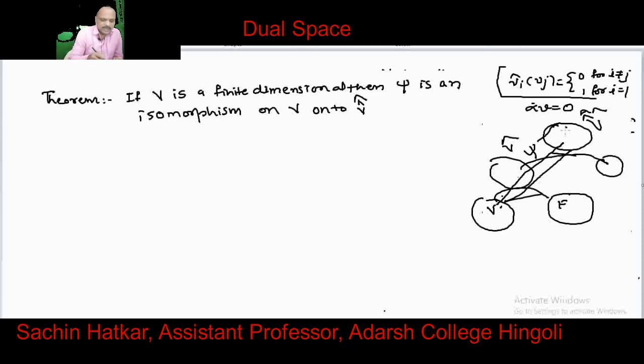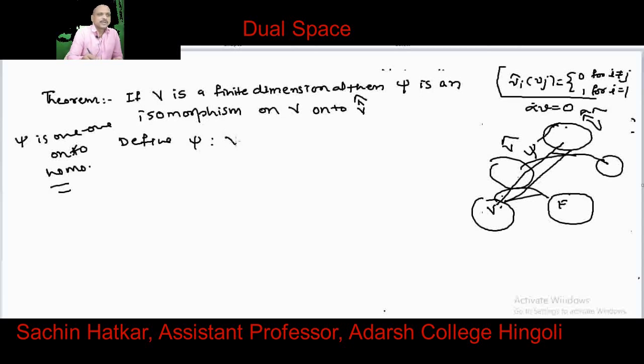Now let us define to prove that. How to prove isomorphism? Isomorphism means we have to prove that psi is 1-1, psi is onto, and psi is a homomorphism. Then psi is an isomorphism. Let us define the mapping first. Define the mapping psi from vector space V to V double cap.